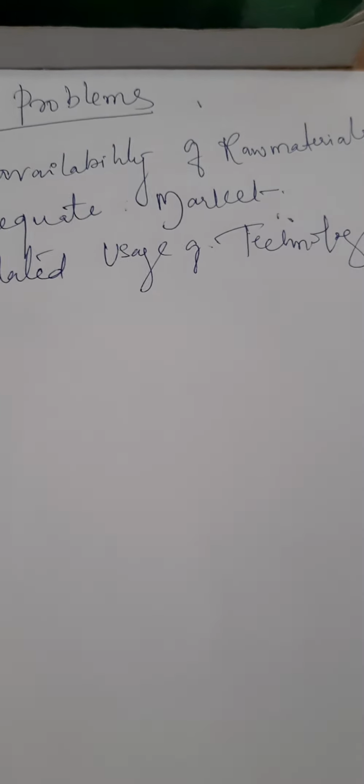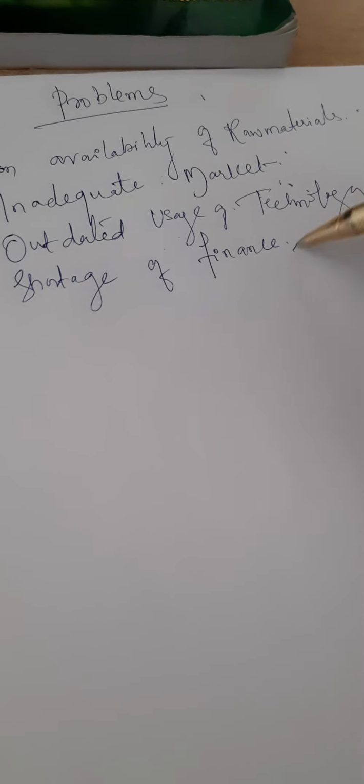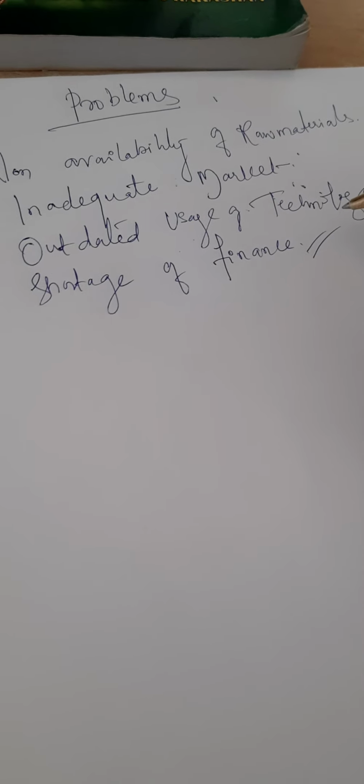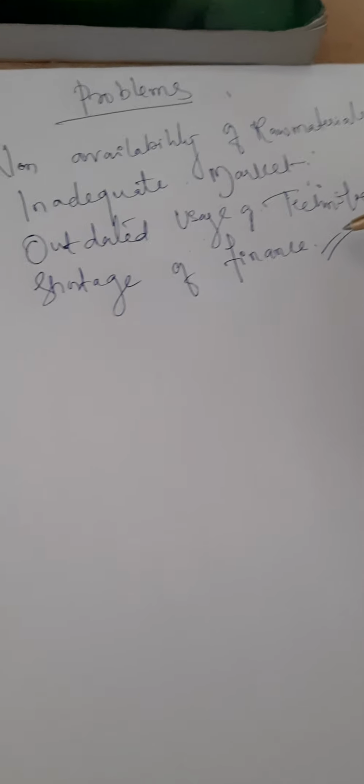The next point is your shortage of finance. Since these first 4 points, non-availability of raw material, inadequate markets, outdated technologies, they all give you one simple summary, that is the companies or the rural industries do run out of money, or do fall short of money.